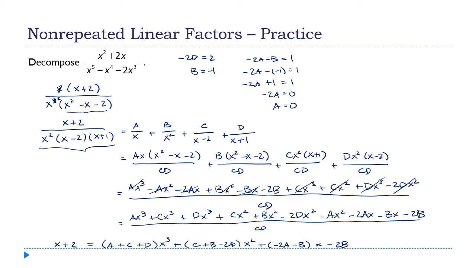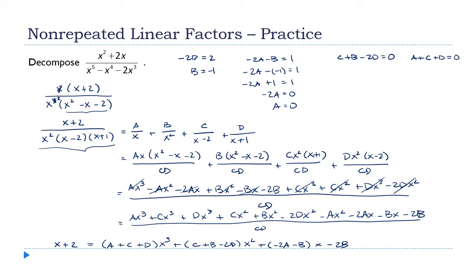All right, how about the next one? C plus b minus 2d equals, that's the x squared term, right? There is no x squared term on the left-hand side, so that's 0. And a plus c plus d also equals 0. All right, now let me put the numbers that I know in here.